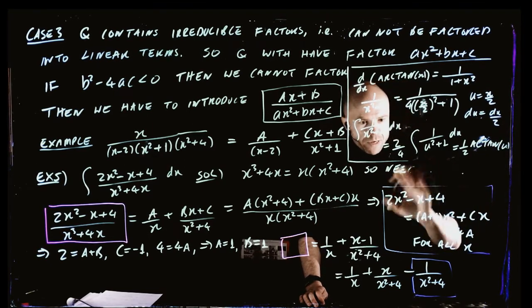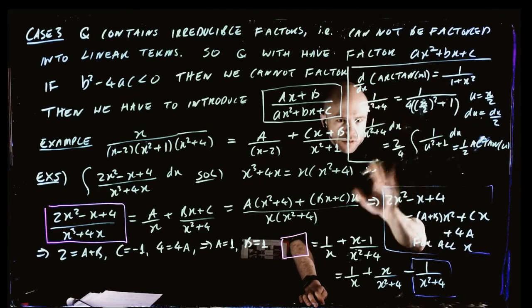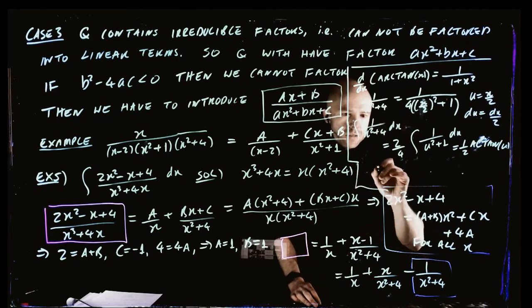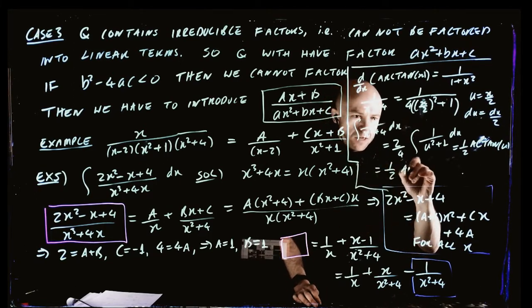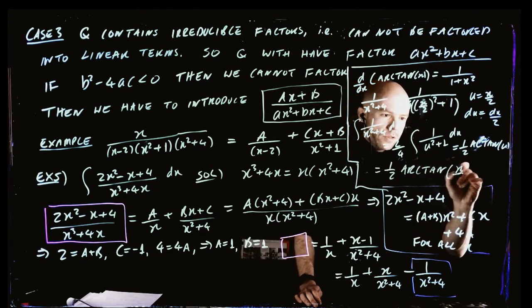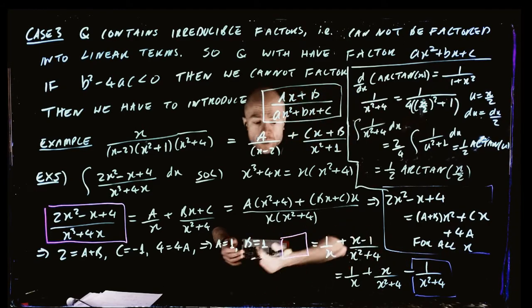So I realize my writing is getting really small here, but I'm trying to avoid erasing the board before I have the answer. So this is 1 over 2 arctan of x over 2. So we can indeed handle this guy too. Yeah? So we can do this whole thing.